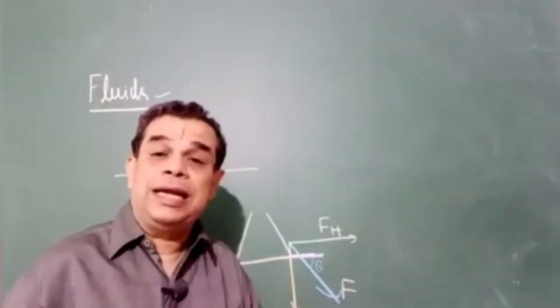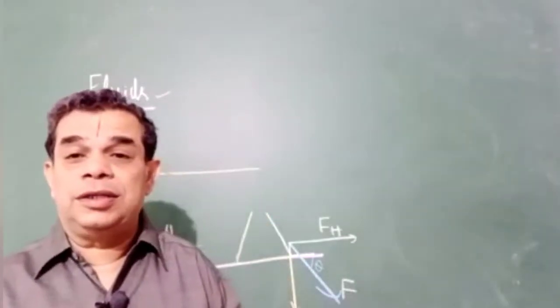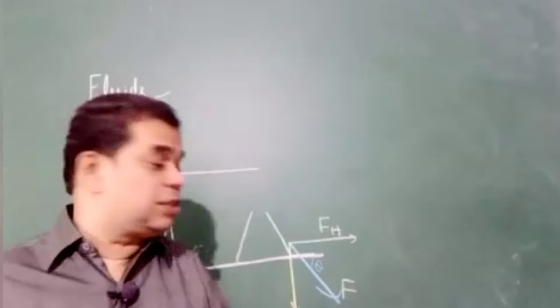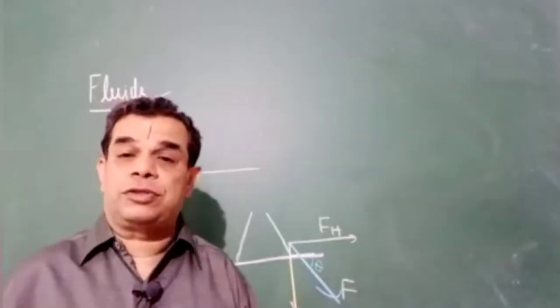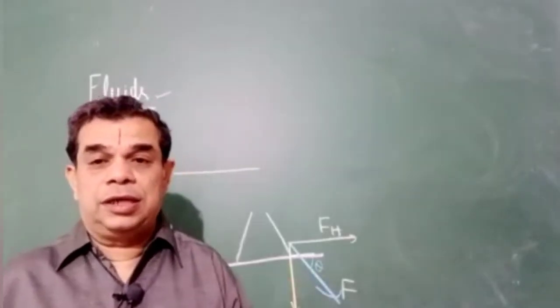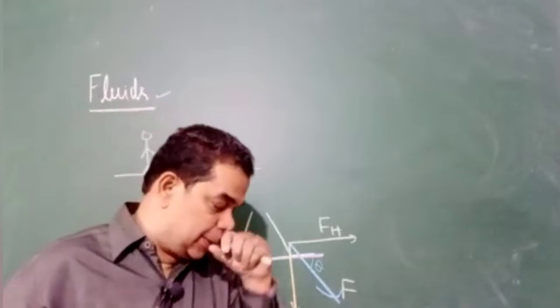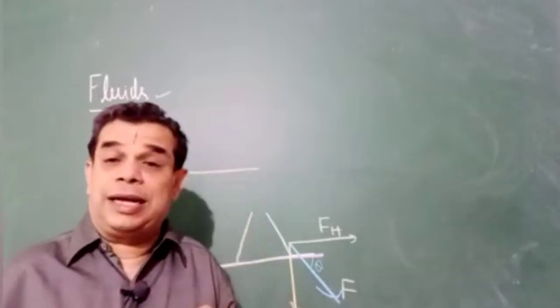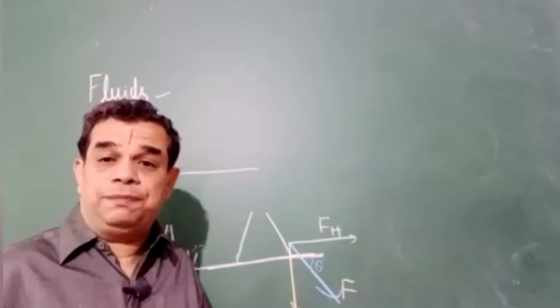That is, again, a proof for the real existence of components of the force or components of other things. A vector has components, that is not only a mathematical idea, physically we are seeing it now.